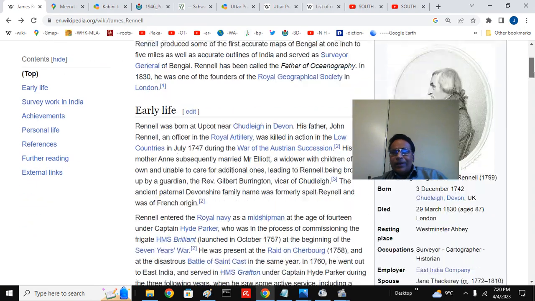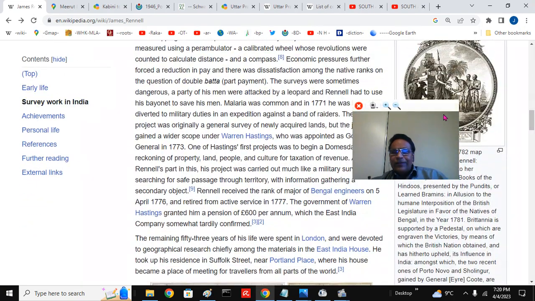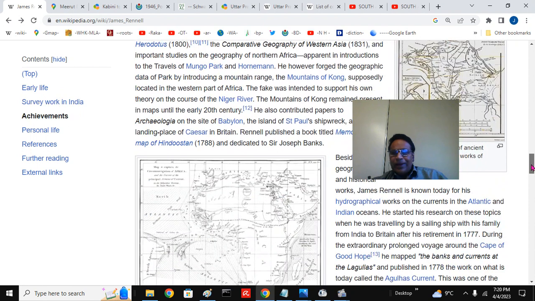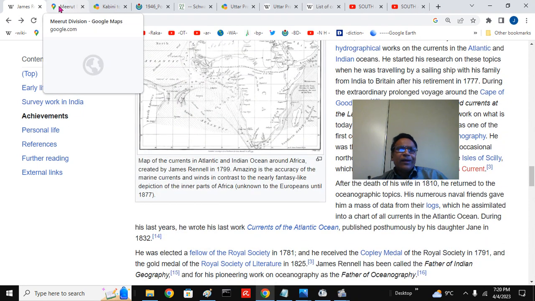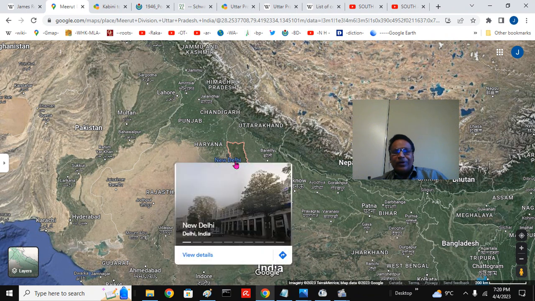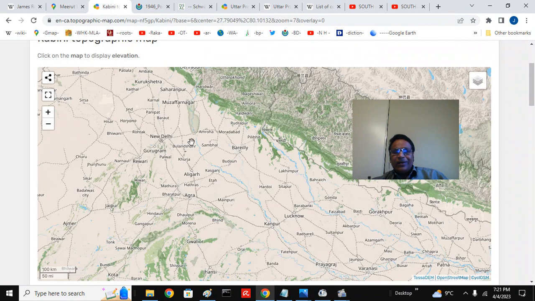This is Rennell, the father of Indian geography, and the preliminary maps he made, and later the British mapped India, and we are talking about the Meerut division of United Provinces. This is now a contracted division. Now there are many divisions in Uttar Pradesh after the Uttaranchal region was bifurcated. I am showing you here the contracted Meerut division adjoining the east side of the Yamuna river.